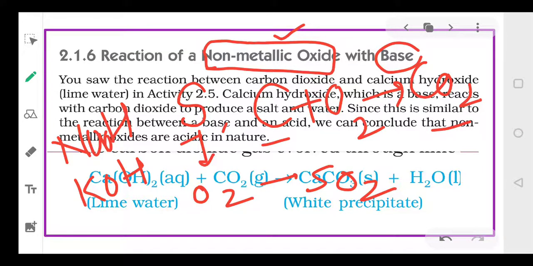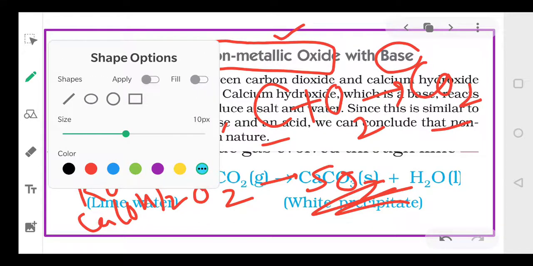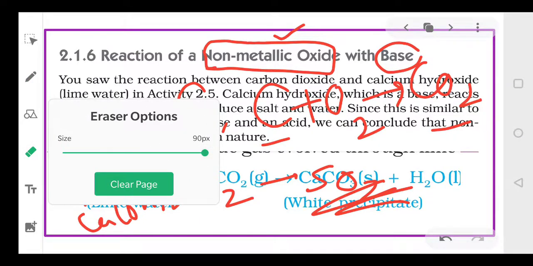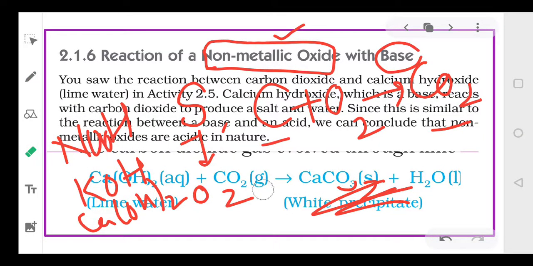Calcium hydroxide is a weak base. Clear, everyone? Good. Now we'll come to the reaction.